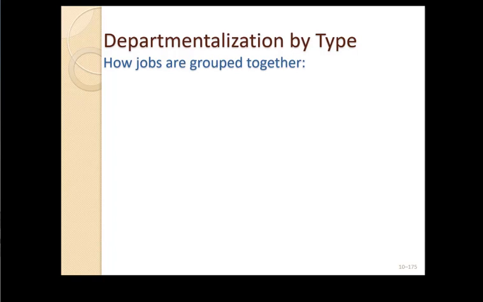And then the job will be monitored, will be controlled, right? And then you can contribute much more to the success of the organization in terms of tasks or projects, etc. Right? So you need to find out the way to group the jobs together, and that's called departmentalization.